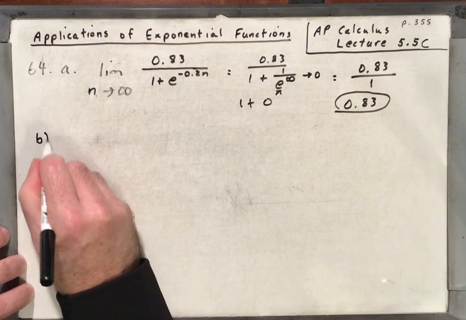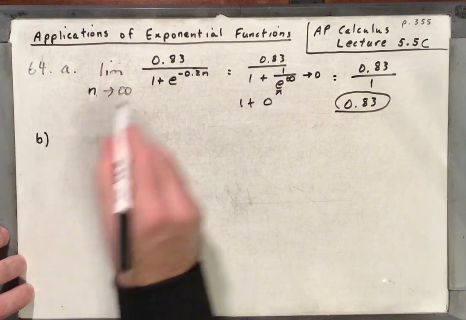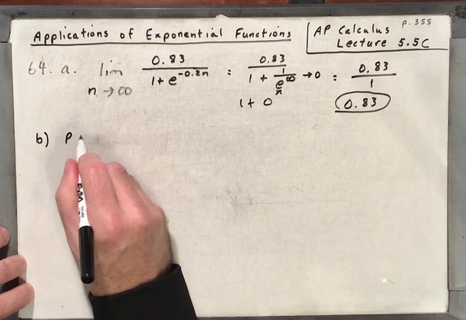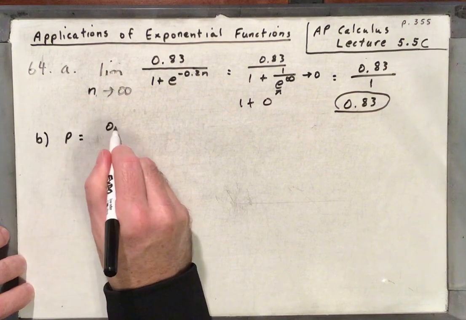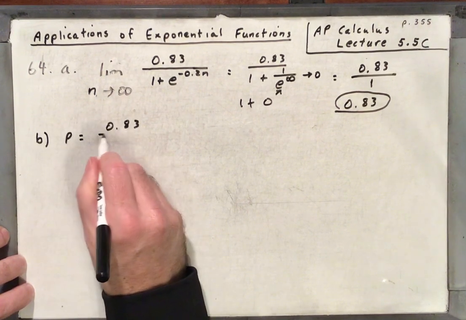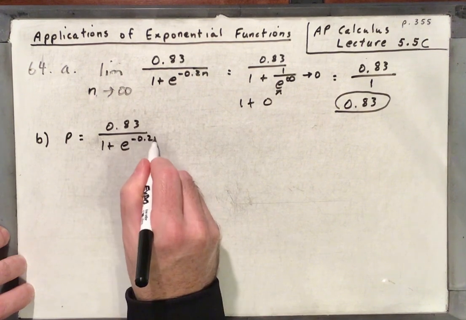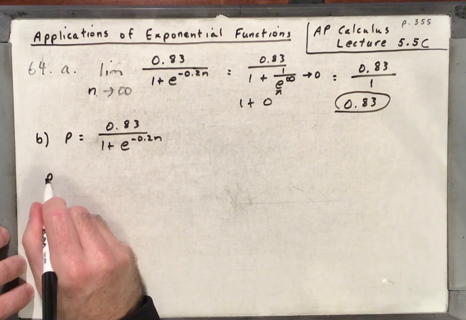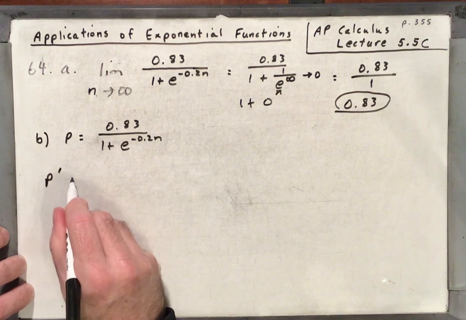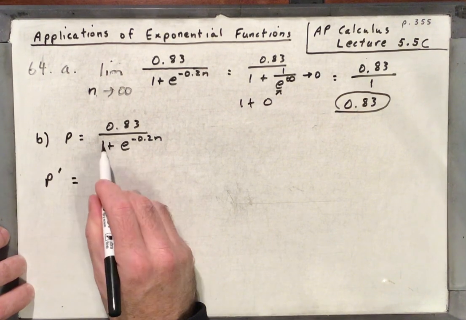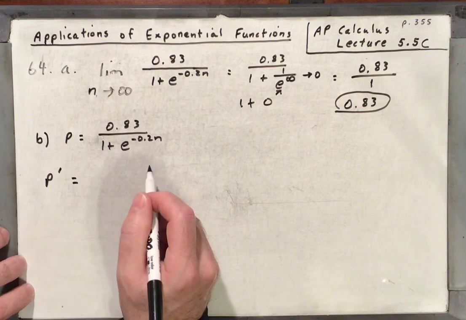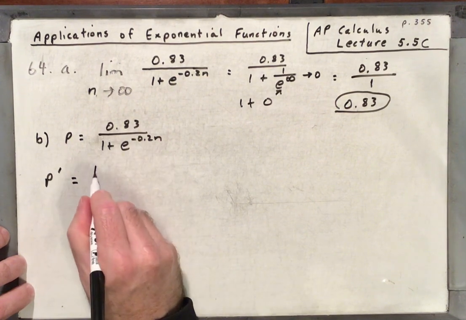All right, part B. We want to take the derivative of that. So P is equal to 0.83 over 1 plus e to the minus 0.2n. Let's use the quotient rule. P prime is the bottom, 1 plus e to the minus 0.2n, times the derivative of the top.